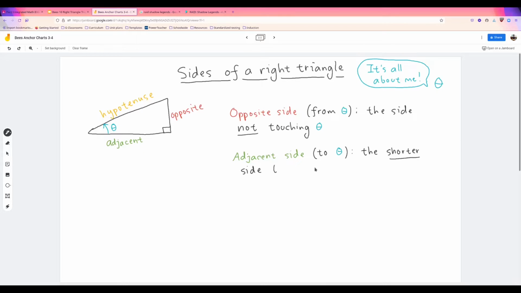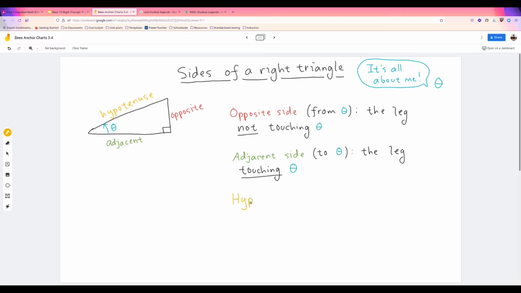Actually, you know what? Let's say leg. And let's call this one a leg too, just because they're always going to be legs. The leg touching theta. If you want to write shorter side, that's fine too. It doesn't matter that much. Either way, it's correct.